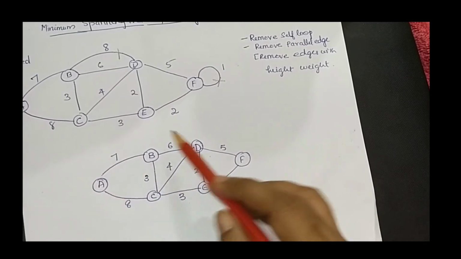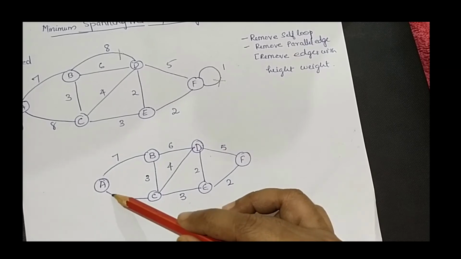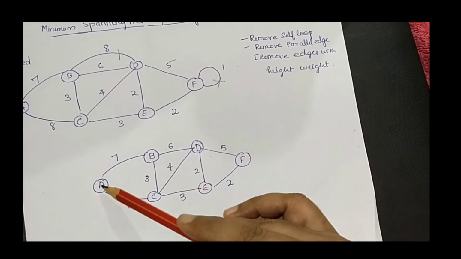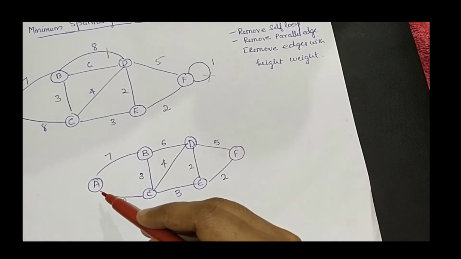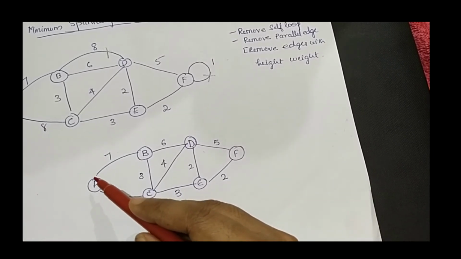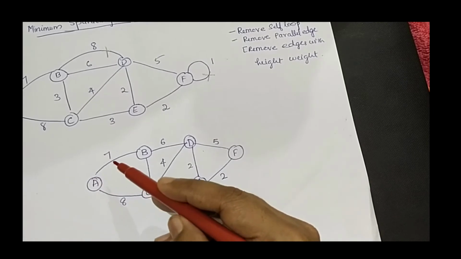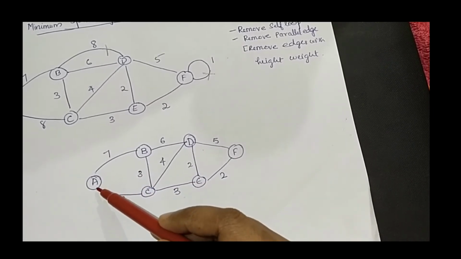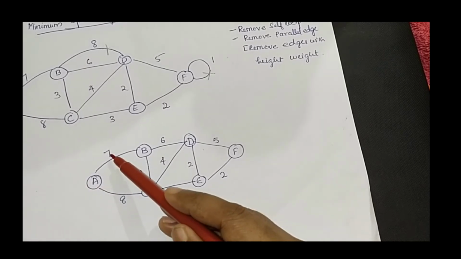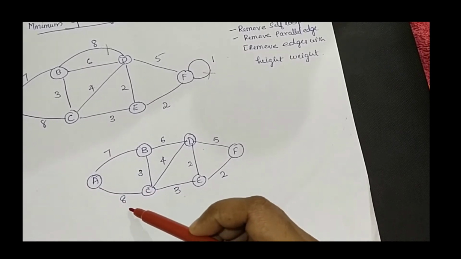You can choose any vertex as the starting vertex. Here I am going to take A as the starting node. If A is the starting node, you have to find the minimum outgoing edge from A. The outgoing edges of A have a weight 7 as well as a weight 8.